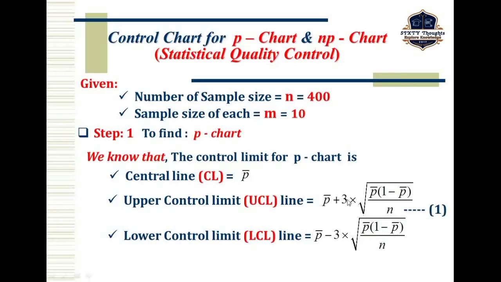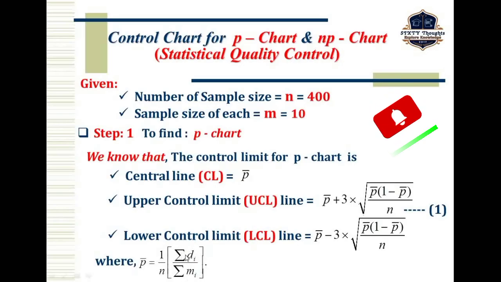Consider this as equation number 1. If P bar is not given, to find the P bar value, P bar equal to 1 by n into sum of di by sum of mi. Sum of di means adding all defective values, and sum of mi is the number of samples taken at a time.